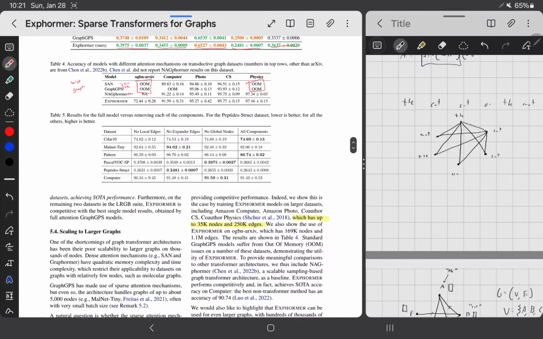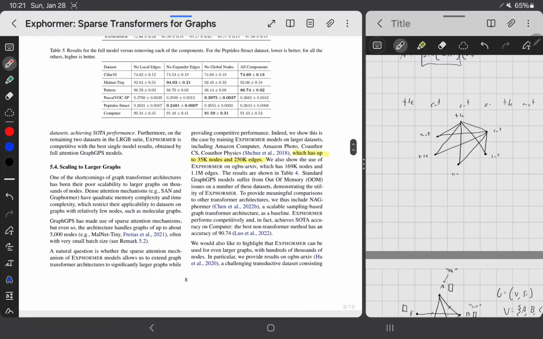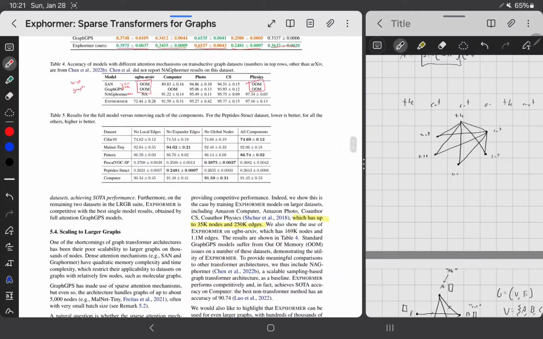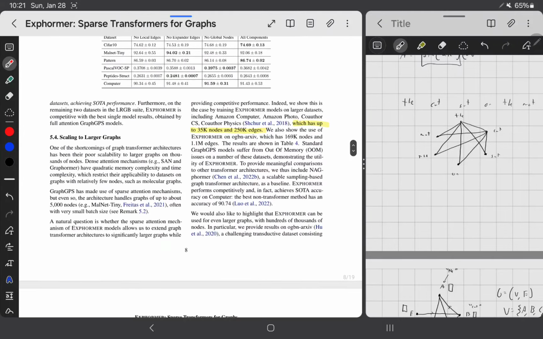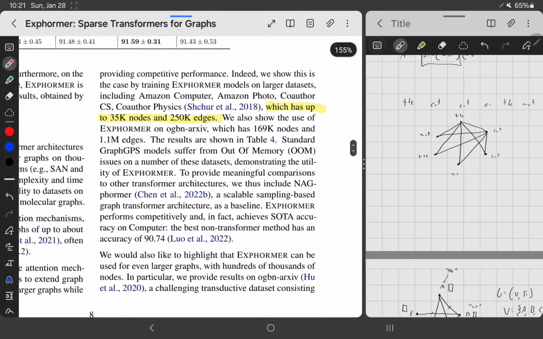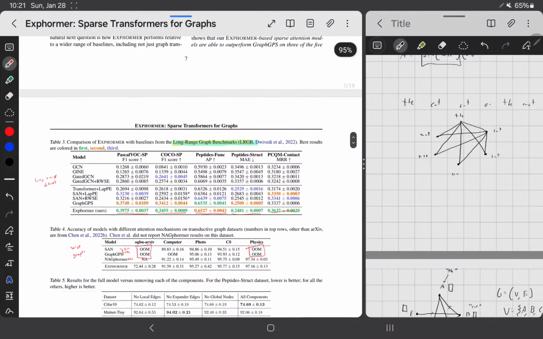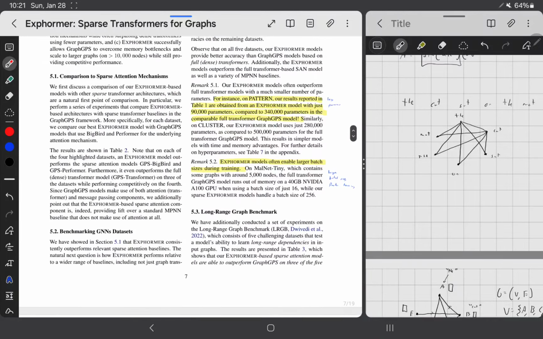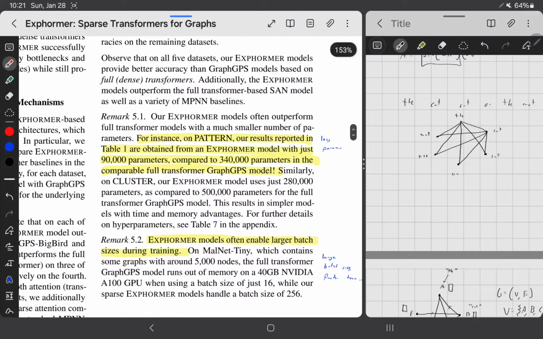Yeah, and then the last thing they show, they show a few more nice properties about this, down here. Here we go. So it's also a lot smaller in size.